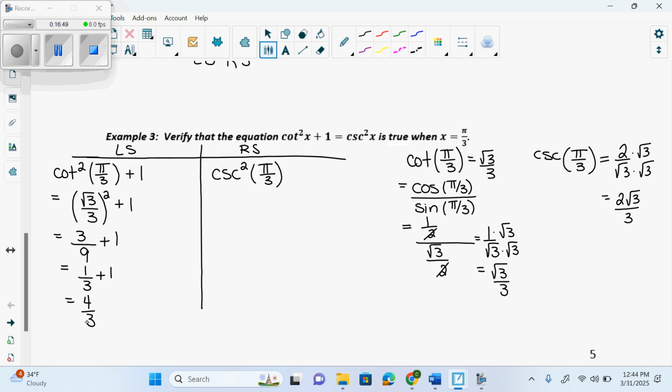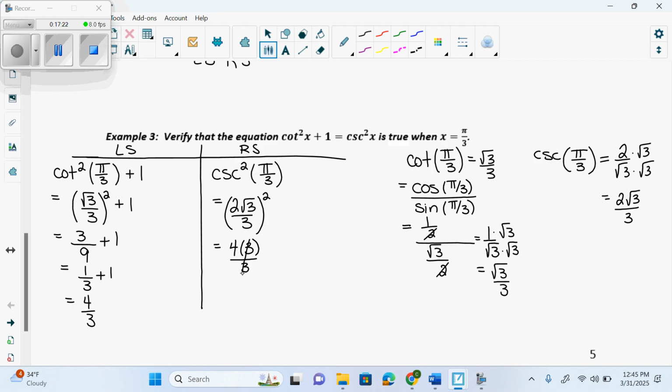Okay, then this one's cosecant pi over 3 squared. So I'm going to go 2 root 3 over 3 squared. And I'm hoping that when I do this, I end up with 4 thirds, correct? Because these should match. When they ask you to verify, they have to match. Okay, verify that it does work. It is true. So we get 2 squared, which is 4. Root 3 squared is 3. Just turn this bracket over 3.